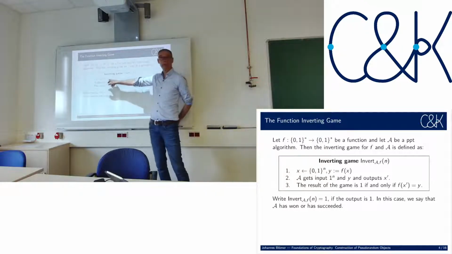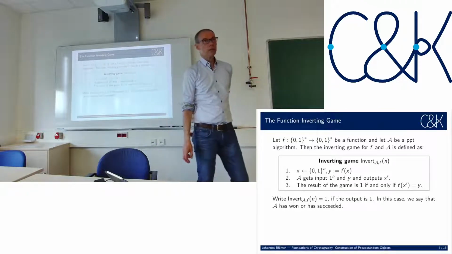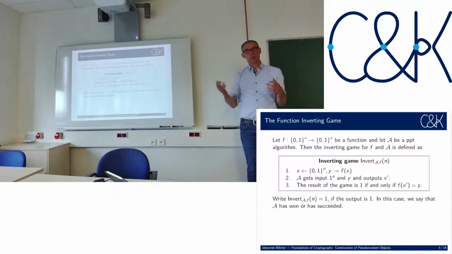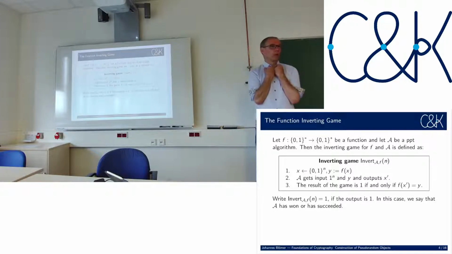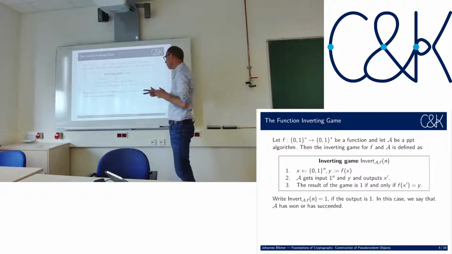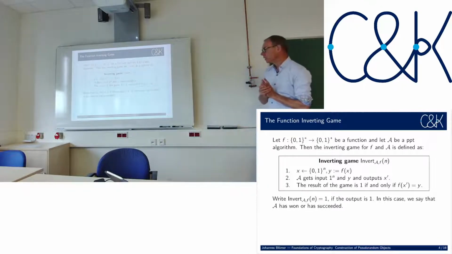It need not necessarily be this x, because that would be unfair. There could be many x's that map to y. And how should you, as an adversary, just knowing y, know which one was picked? So you have to compute one pre-image, but not necessarily the original one that was used in step 1.